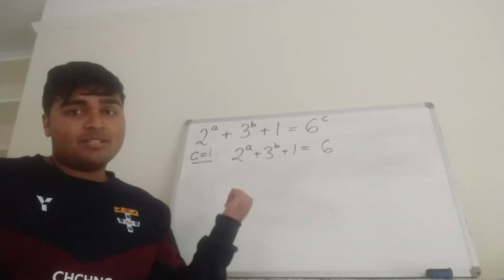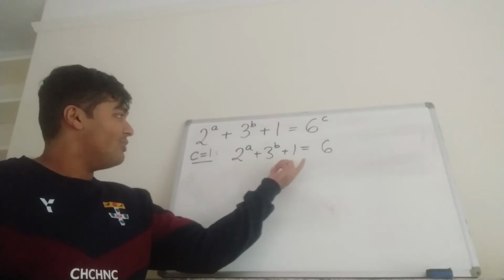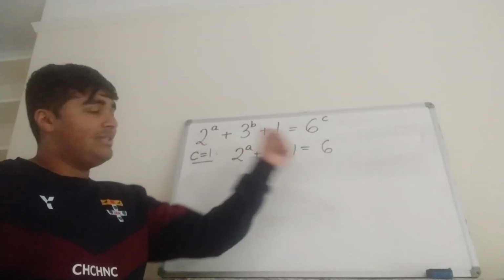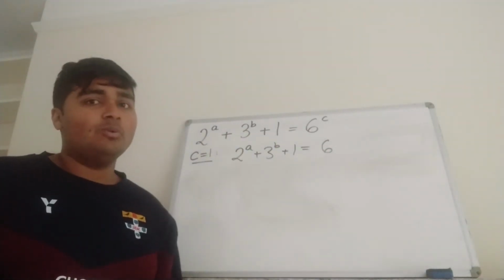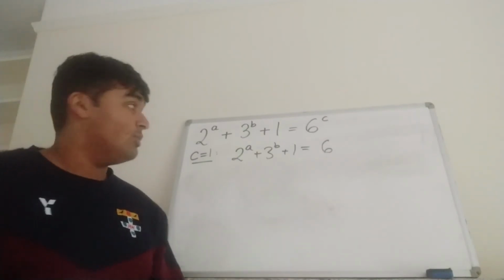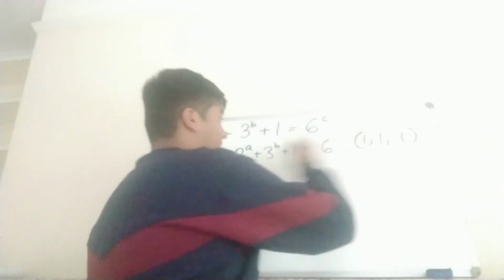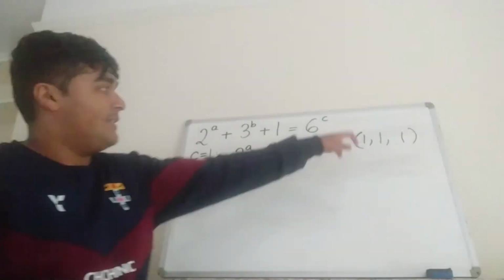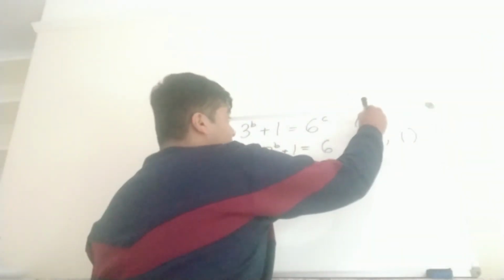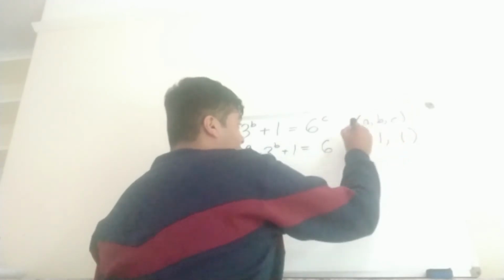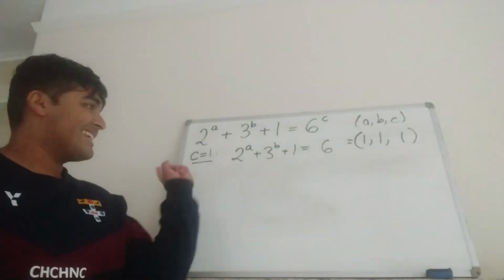So that means that b must be equal to 1, so we get 3 plus 1 is 4, bring the 4 onto the other side, so we get 2 to the a equals 2, so a must equal 1. Okay, so a equals 1 and b equals 1 is a solution. And that's the case c equals 1. So if this is a, b, c, that's one thing it can be.